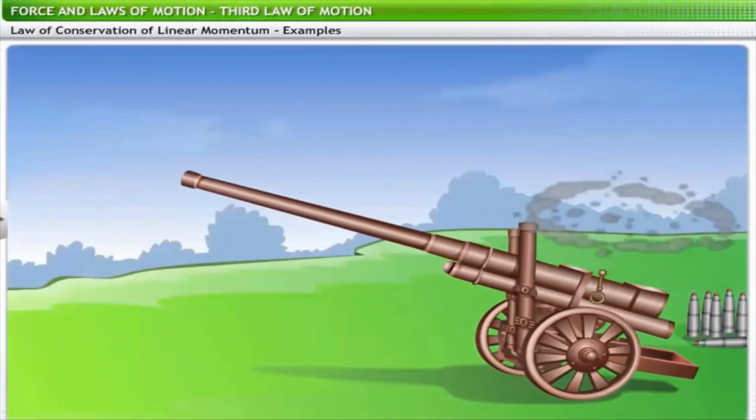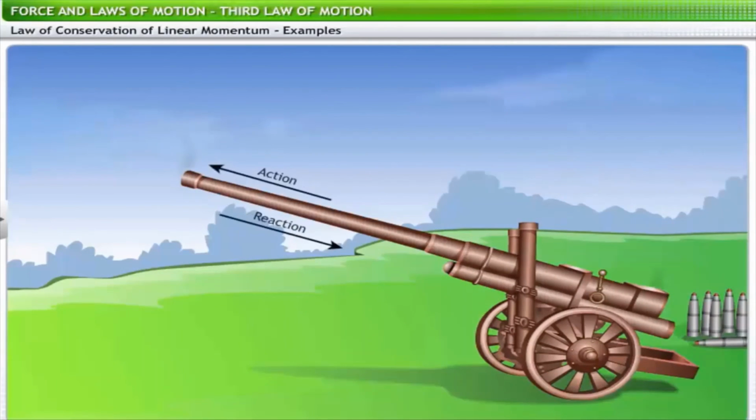Similarly, consider the example of a cannon. When a cannon is fired, the cannonball shoots off with a very high velocity. Since the force exerted by the cannon on the cannonball is equal to the force exerted by the cannonball on the cannon, the cannon is pushed back in recoil.